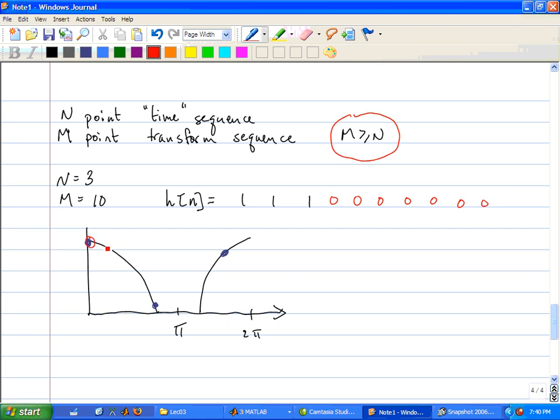I'll sample it here, 2, 3, 4, 5, 6, 7, 8, 9. Oh, I missed one. Let's draw it in here, 10. Okay. So it's the same idea. Essentially, I'm oversampling it. Does that follow?